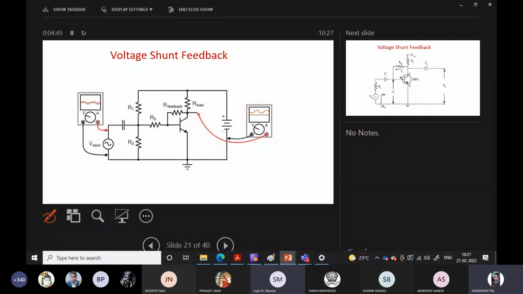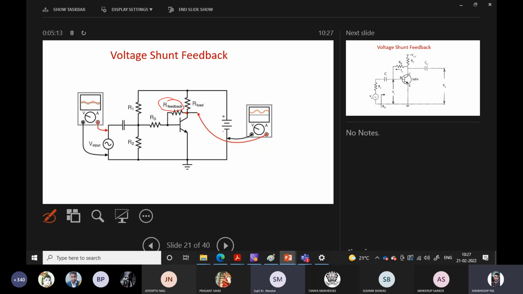In this bias circuit, you can see the feedback resistor, R feedback, connected to the previous circuit diagram. When this feedback resistor is connected, this node is connected to the output terminal, so the output voltage is coming. Whatever voltage or current appears is proportional to the output voltage.